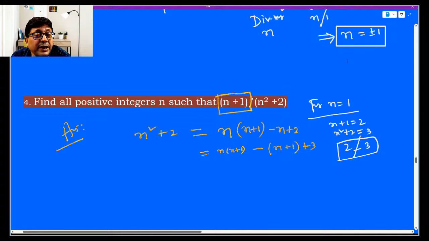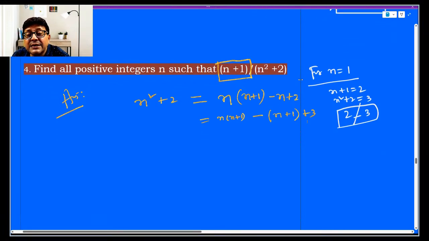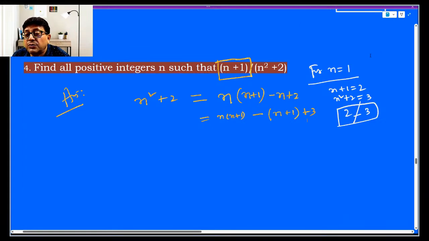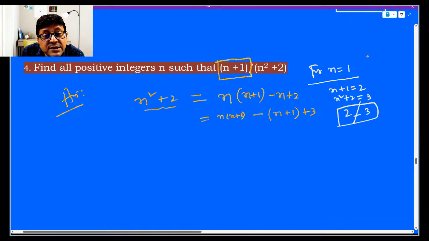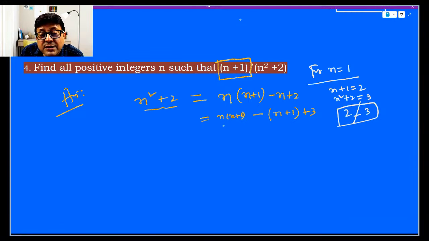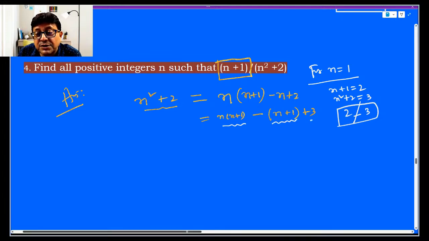Now you have to find positive integer n such that n plus 1 divides n square plus 2. N square plus 2 now has 3 parts. What are the parts? N into n plus 1, one part. Only n plus 1, another part. 3 is the last one. Clear? So this part, n into n plus 1, is divisible by n plus 1.